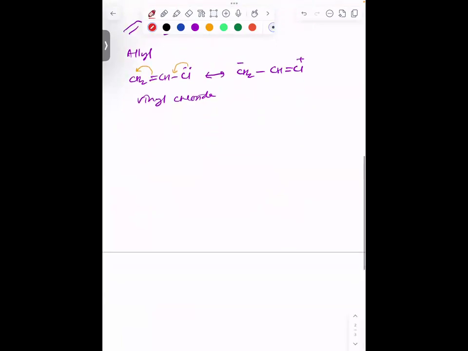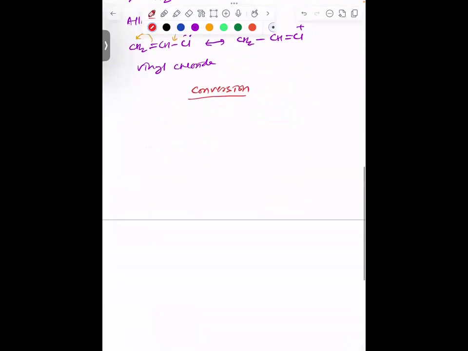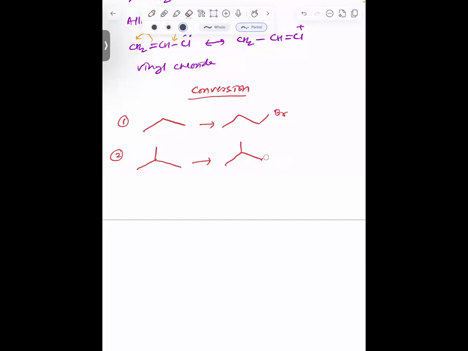Now write down some questions for conversion, some questions related to haloalkane and haloarene. These three questions, quick.